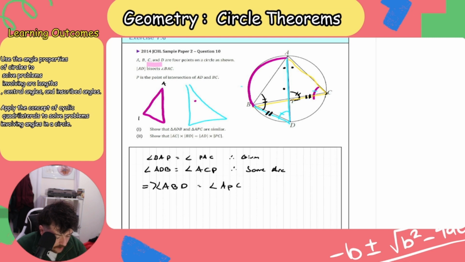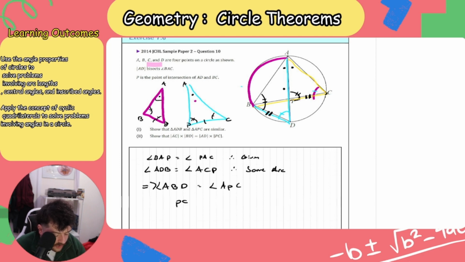So A, B, D, A, P, C. So 1, 2, that's D, 1, 2, and then these are the same. So this side corresponds with that side.